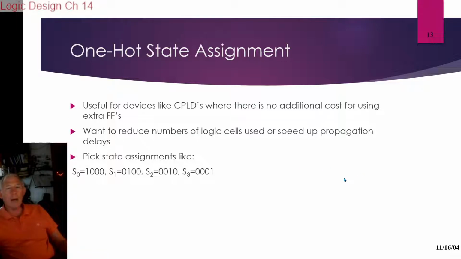There is one problem with the one hot state assignment, though. Well, let me see if you can guess it. So remember we talked about how we want state S0 to be represented because it helps us in our reset logic. Right, we want state S0 to be all zeros.